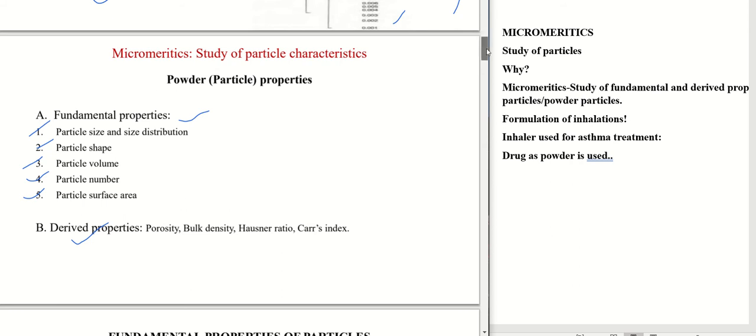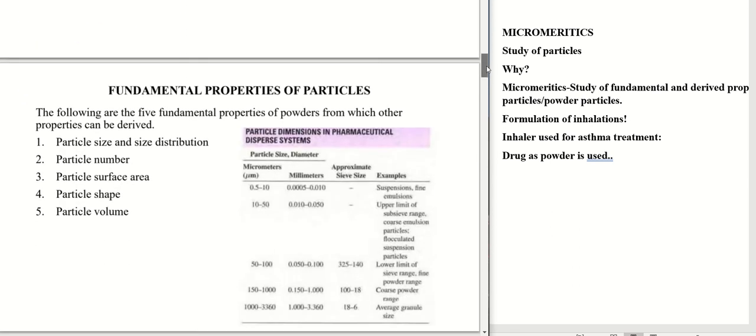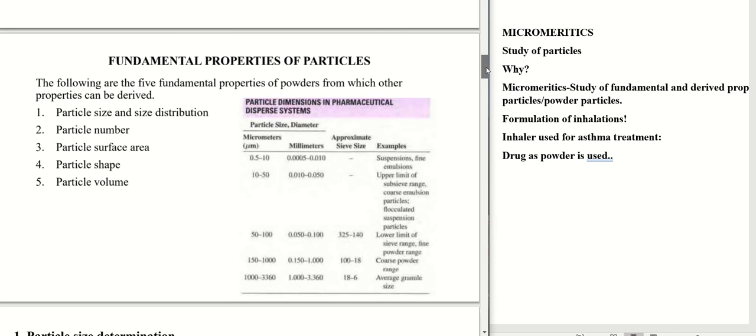Now let's get into the fundamental properties of particles. Here in this chart we are able to see the different pharmaceutical dosage forms having particles of different size ranges.